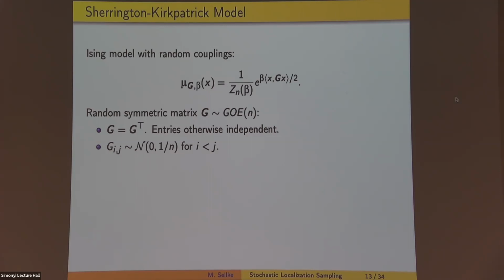Maybe the goal is to say that you have a factor by IID sampling procedure. Yeah, I think in principle it makes sense in a lot of models.